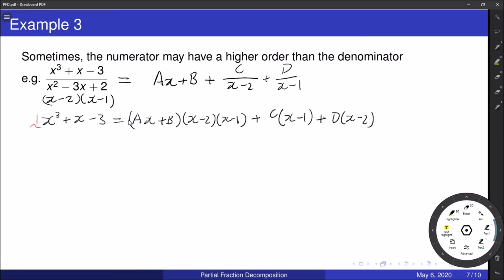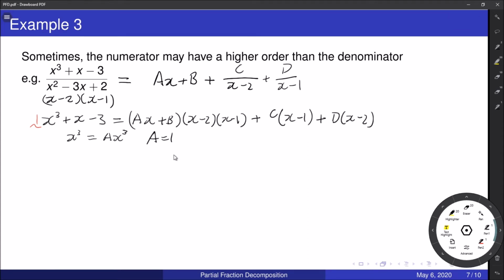So we can safely say that x cubed equals ax cubed, which means a equals 1.